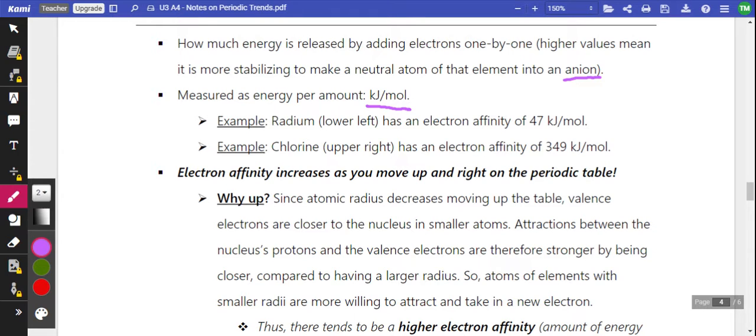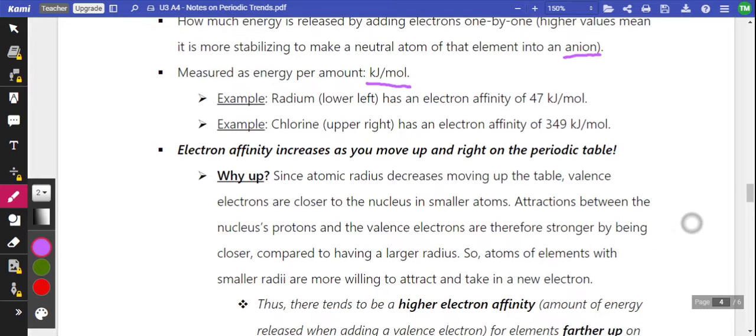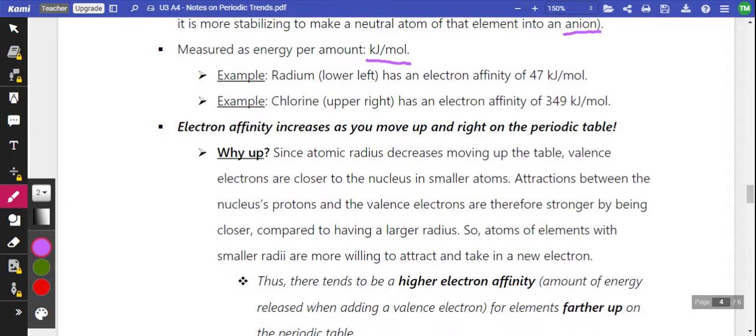So first of all, why up? Well, since our atom gets smaller as we are closer to the top right of the periodic table, those valence electrons are closer to the nucleus. So that means where our valence electrons are at, that's a stronger attraction. Now, if we are adding an electron to this atom, it's going to be in that valence energy level.